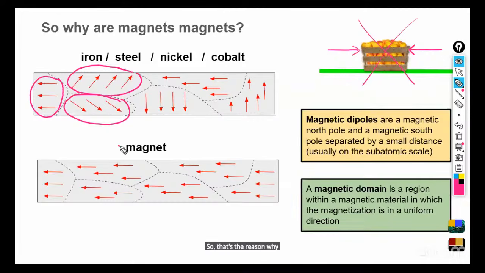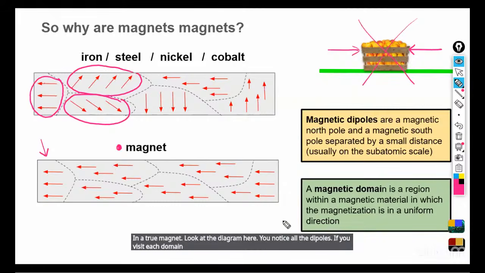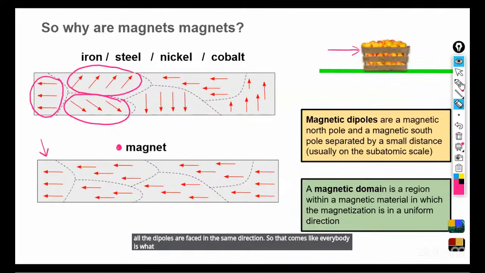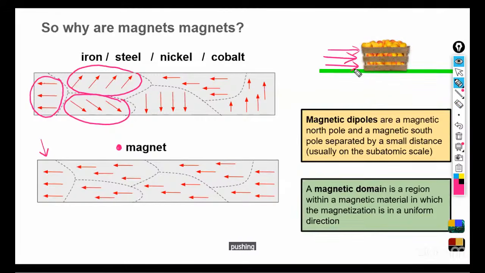In a true magnet, look at the diagram here. You notice all the dipoles. If you visit each domain or each area, you notice it has unity. All the dipoles are facing the same direction. So that comes like everybody is what? Pushing the same direction.